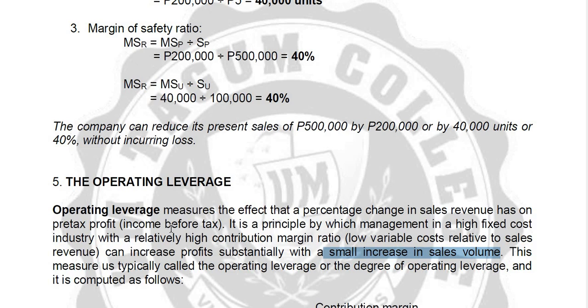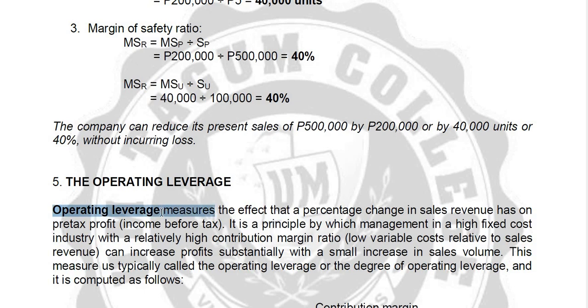So, a high operating leverage means the company is highly dependent on fixed cost, or the company's fixed cost is high. Even a small increase in sales volume has a big impact on the profit before tax of the company.